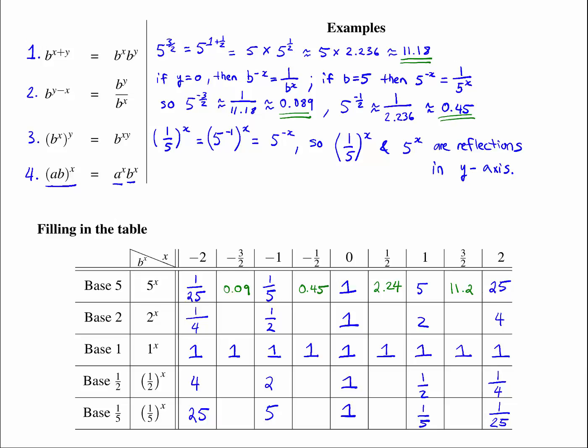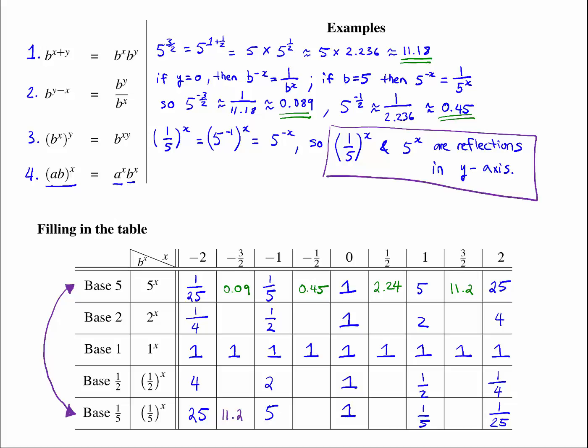And then the next thing we can do is note, by this mirror imaging, that the exponential function 1/5 to the x is the mirror image of 5 to the x in the y-axis. Well, what we can do is just copy numbers from base 5 down to base 1/5, but for the negative x value. So we take the value when x is 3/2 in base 5, which gives us 11.2, and we copy that down to base 1/5, but put it in for minus 3/2.